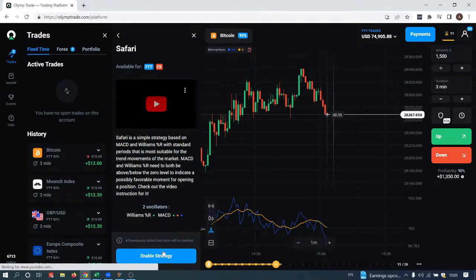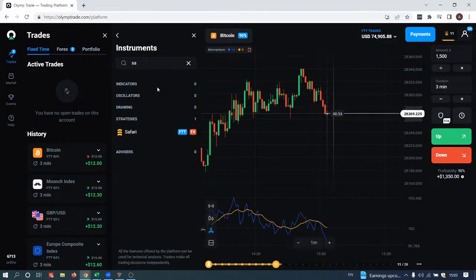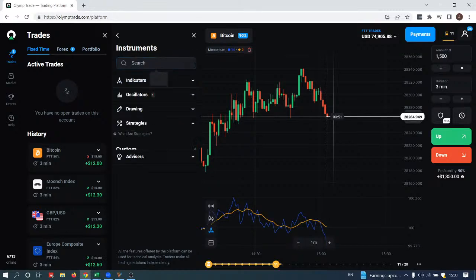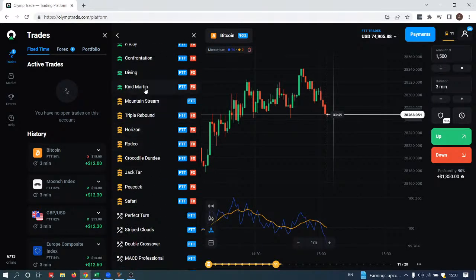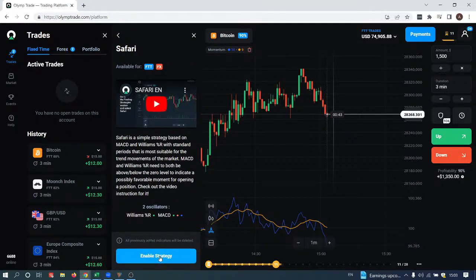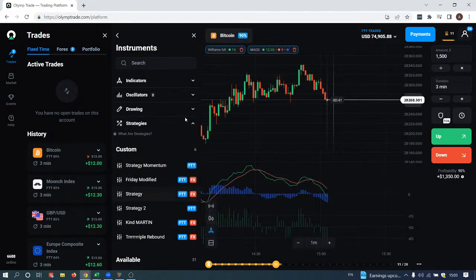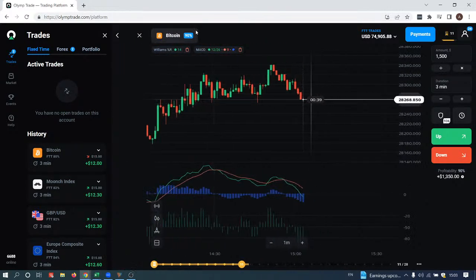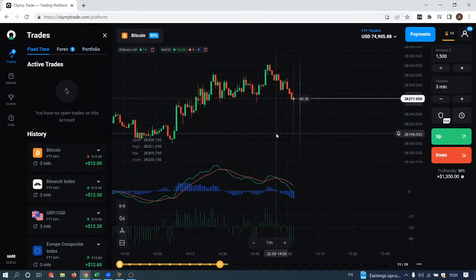So I start typing Safari, or I need to go to our strategies and scroll down to the Safari strategy, which is situated here. So we press here Safari, I click enable strategy, and voila, the strategy has appeared on the chart.